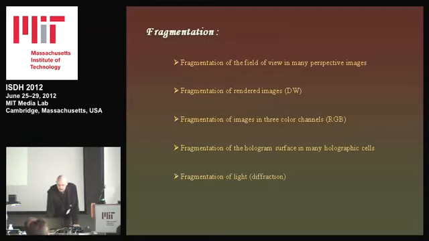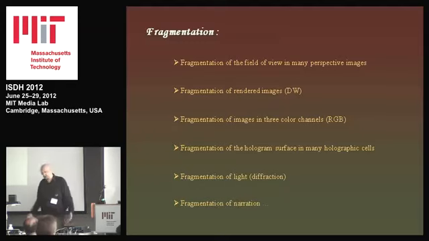And then to make your hologram of these cells, you use diffraction as it was defined by Grimaldi, so fragmentation of light. So I thought, with that many levels of fragmentation, maybe you have fragmentation of content also, so fragmentation of narration. The way you will bring your information in your hologram may be fragmented too.